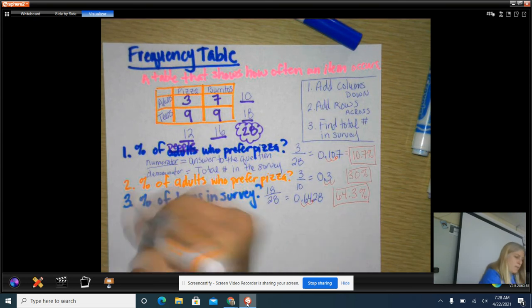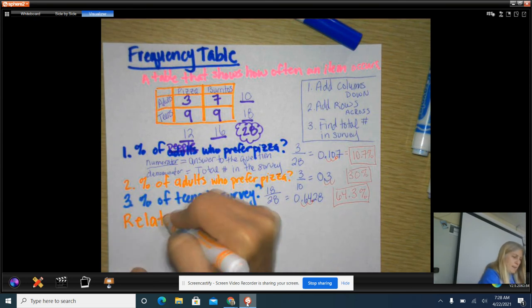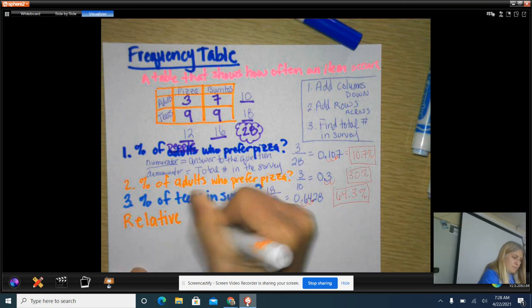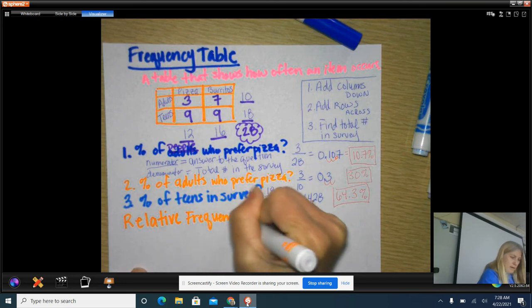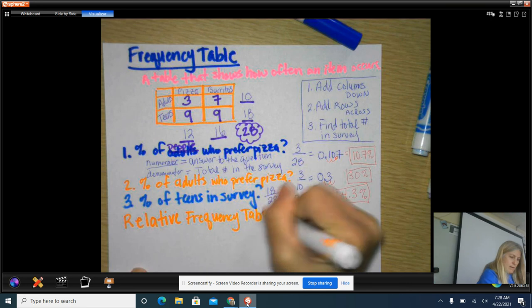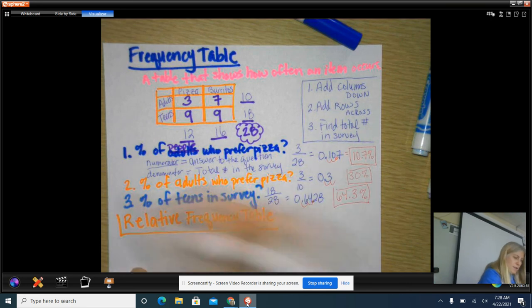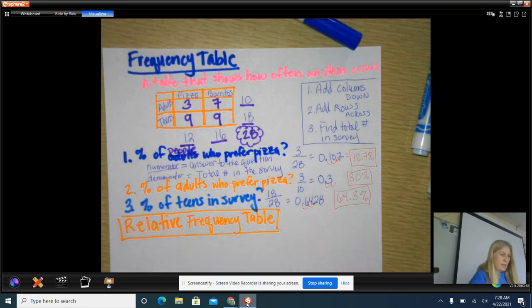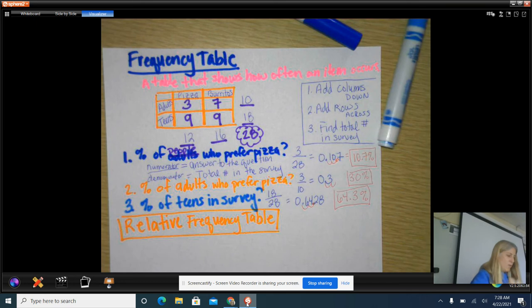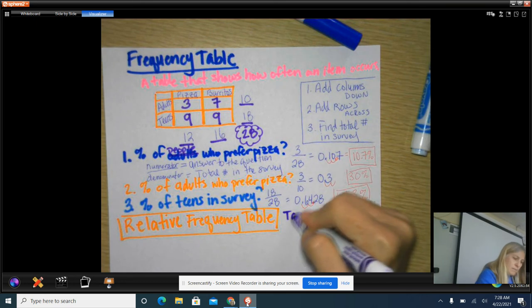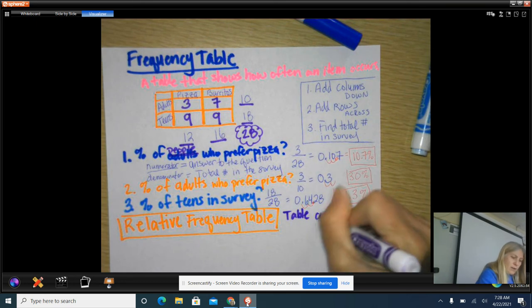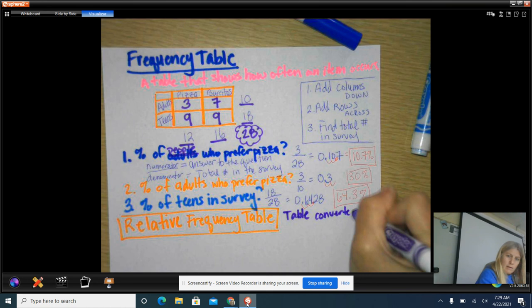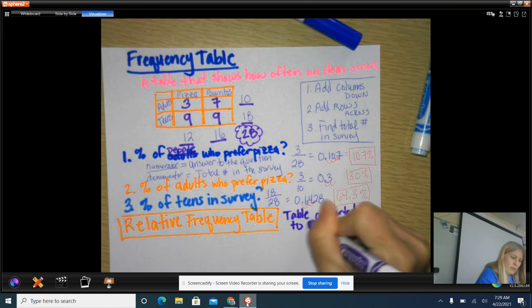We have a second type of frequency table called a relative frequency table. And our relative frequency table is simply a table converted to percentages.